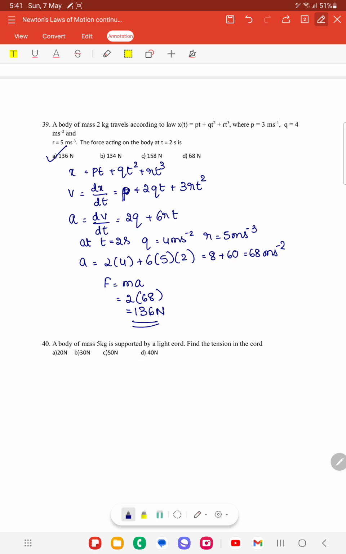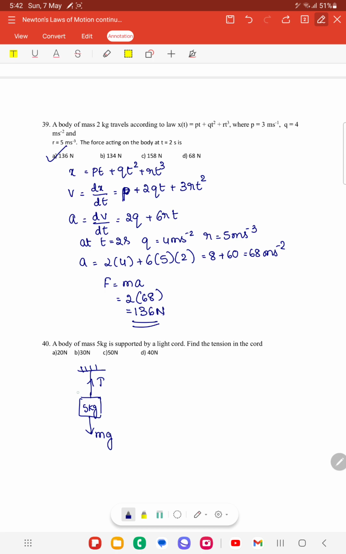Question number 40. A body of mass 5 kg is supported by a light cord. Find the tension in the cord. So we have an object of mass 5 kg which is supported by a cord. We have to find what is the tension. The tension acts towards the support and the weight acts vertically downwards, m into g.